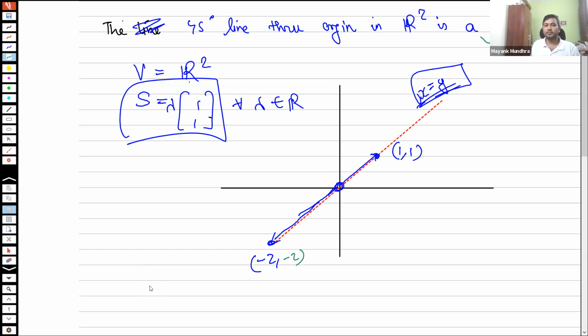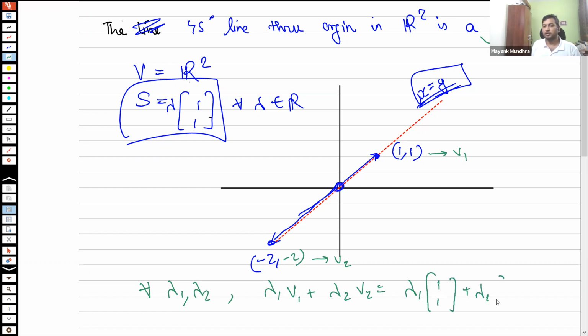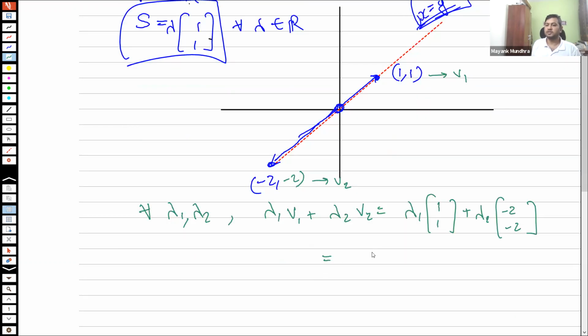So for all lambda 1, lambda 2, with v1 equal to (1, 1) and v2 equal to (minus 2, minus 2), lambda 1 times v1 plus lambda 2 times v2 is lambda 1 times (1, 1) plus lambda 2 times (minus 2, minus 2), which is (lambda 1 minus 2 lambda 2, lambda 1 minus 2 lambda 2).